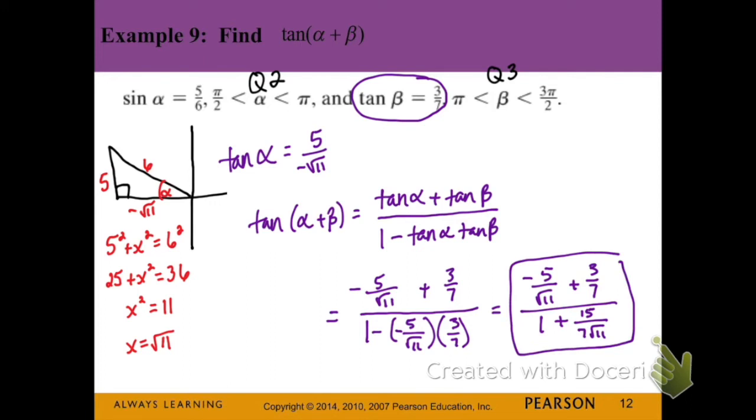Now, if you are not going on to calculus next year, this answer is acceptable and I will take it just like it is. It's kind of ugly, don't get me wrong, but we'll take it with this answer. If you are going on to calculus next year, then you need to work on rationalizing this, which I'm going to do on the next slide.